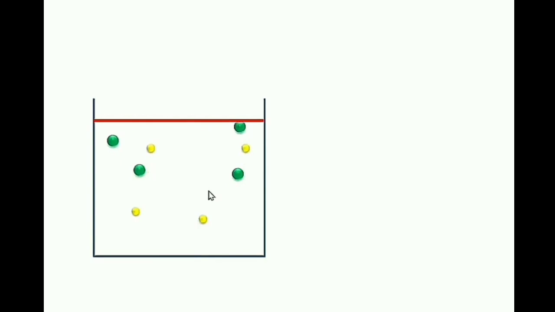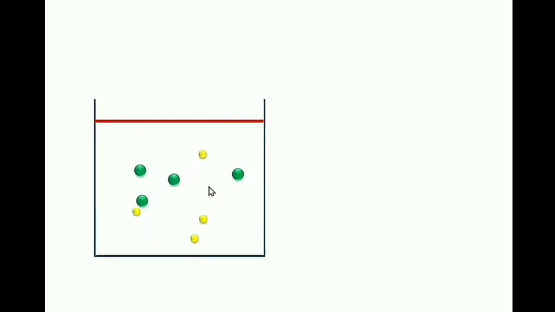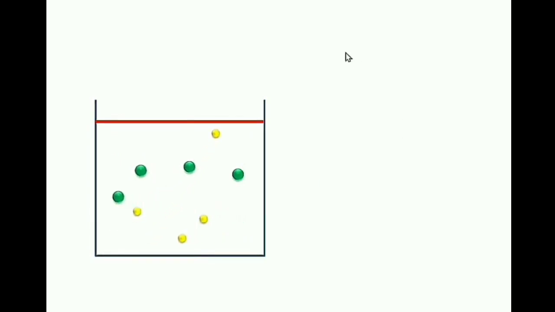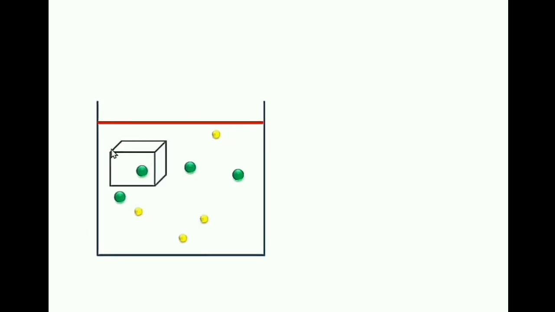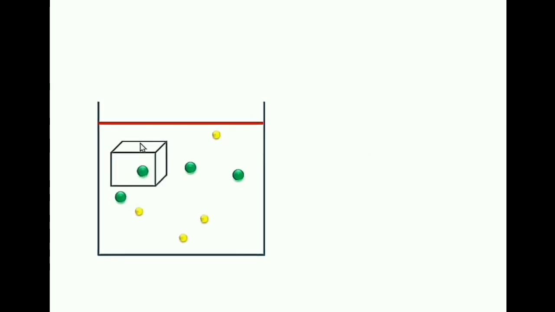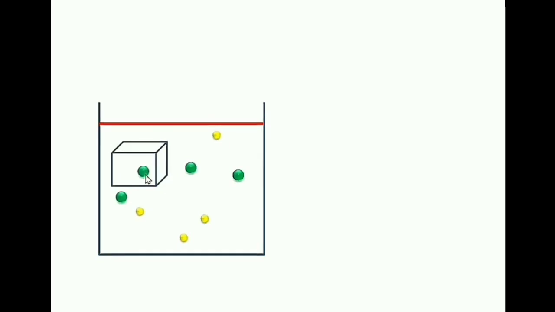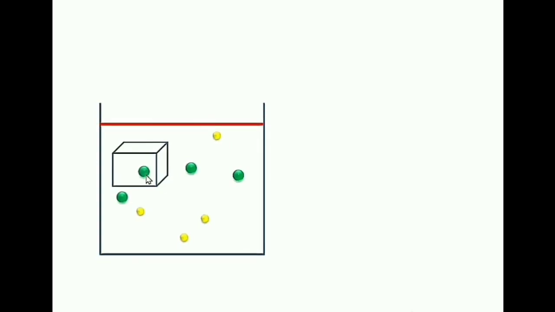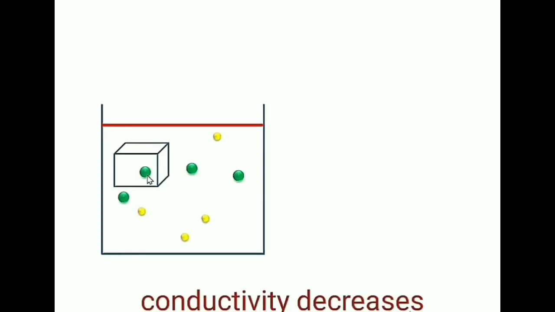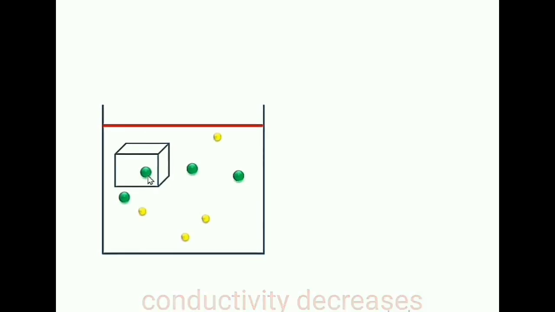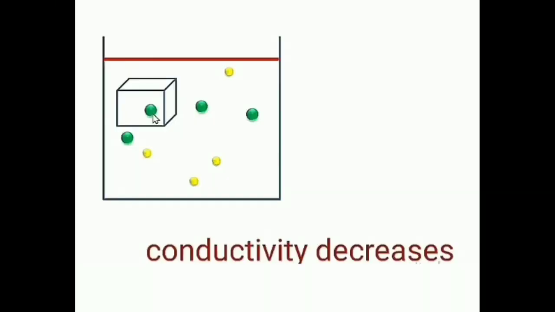So in unit volume, the number of ions decreases. Here we can see the unit volume consists of only one ion. So the number of ions per unit volume decreases, and the conductivity also decreases. So conductivity decreases on dilution because the number of ions per unit volume decreases on dilution. Clear?